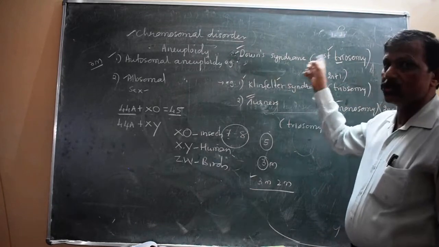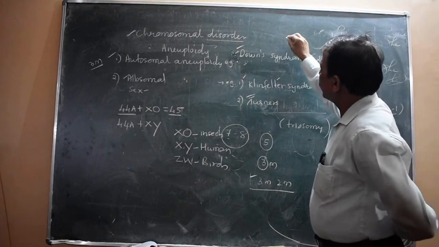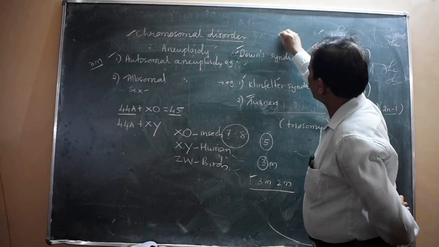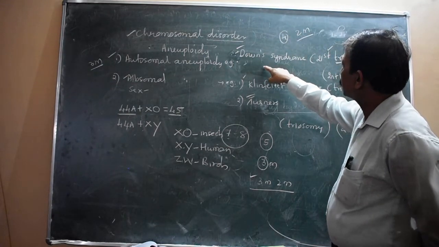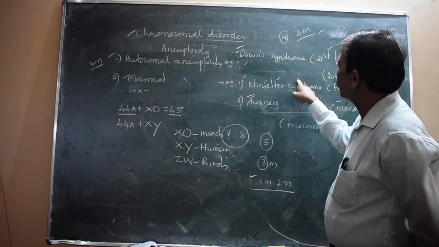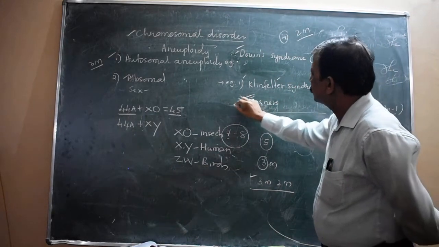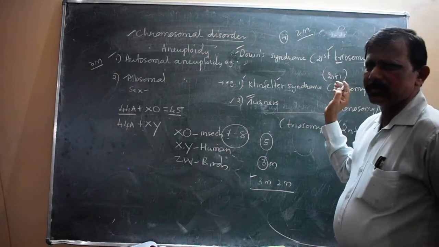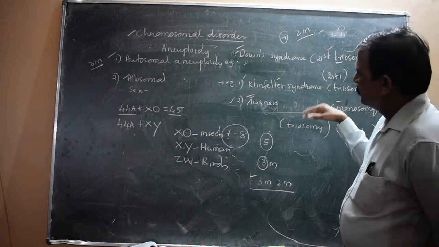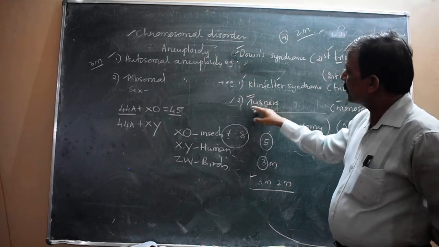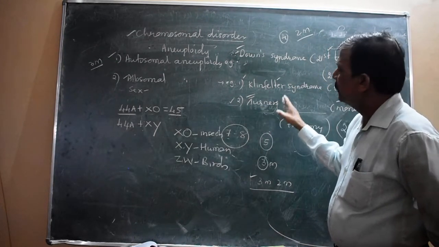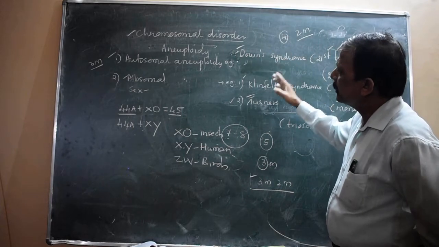Many times it is asked; just go through the question paper, you have to write at least 4 characters. It may be asked for 2 marks. Turner syndrome is rarely asked, but these two are asked regularly: Down syndrome and Klinefelter syndrome.